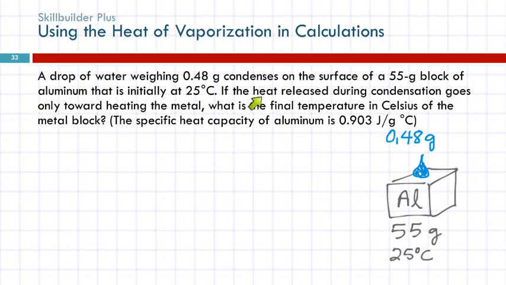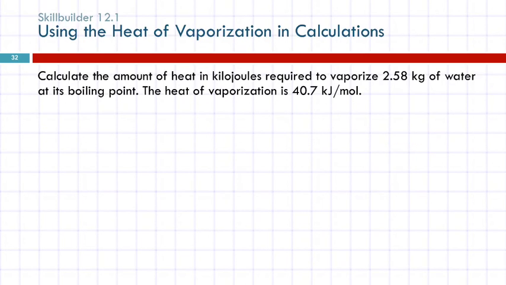And it's telling us that the heat released during condensation goes only toward heating the metal. Could we figure out how much heat is released when 0.48 grams of water condenses? Yeah. Sure we could. We just learned that the heat of vaporization is 40.7 kilojoules per mole. Right? It's on this table too, back here.